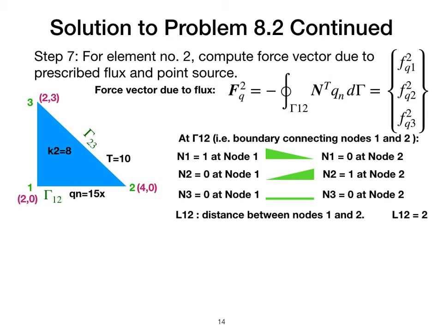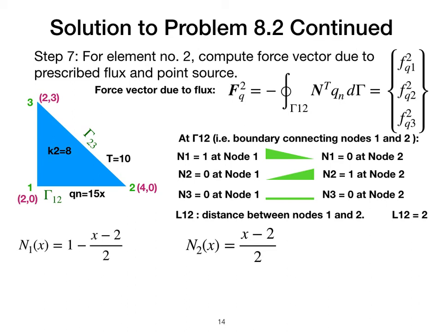Again L12 here also is equal to 2, so the expression now will be different than what we saw in element number 1. So n1(x) will be equal to 1 minus (x minus 2) over 2. This is because the origin for this element is (2, 0), so node 1 is (2, 0).